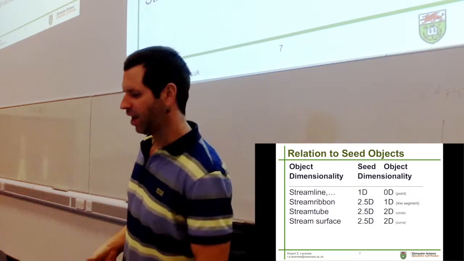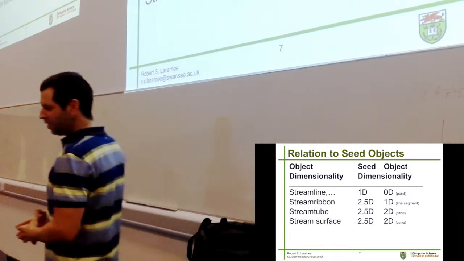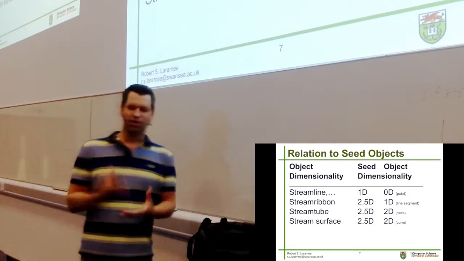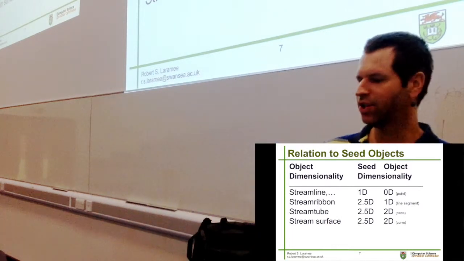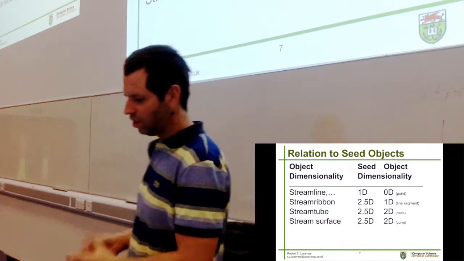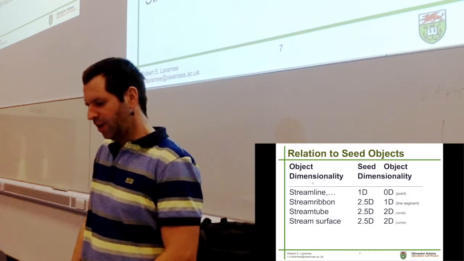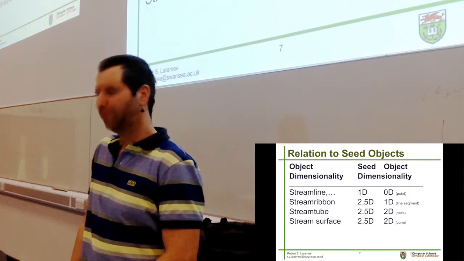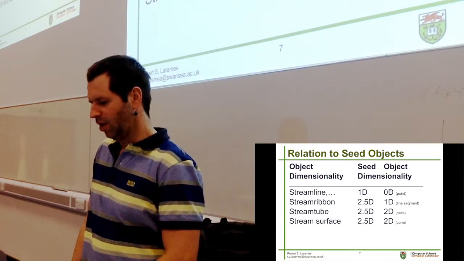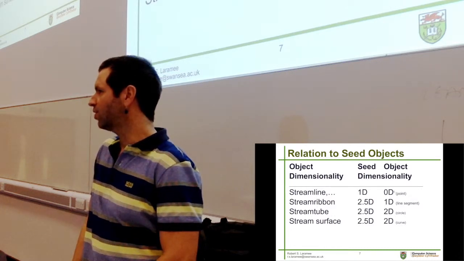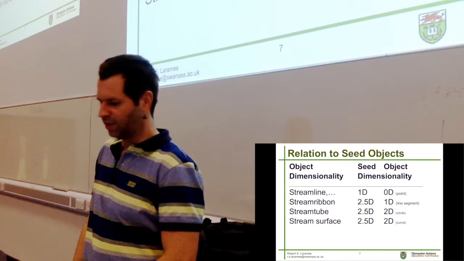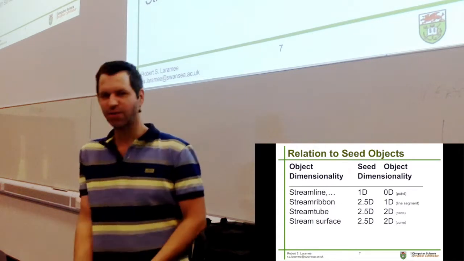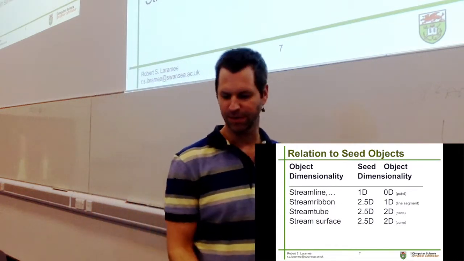So this is kind of a summary that every time you change the objects, the seeding strategy and the seed dimensionality change. So we say that a streamline is a one-dimensional curve and that the seeding object is a point, which is zero-dimensional. A stream ribbon we can say is 2.5D, so it's a surface, you could say, of fixed width.